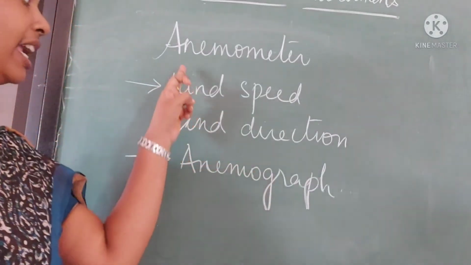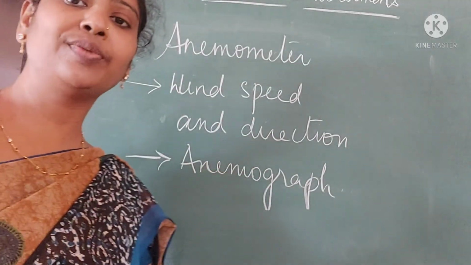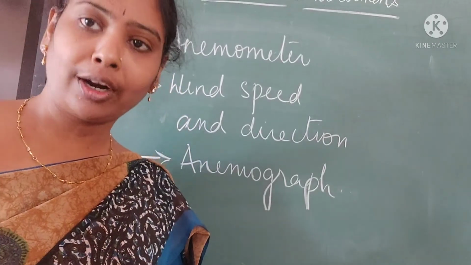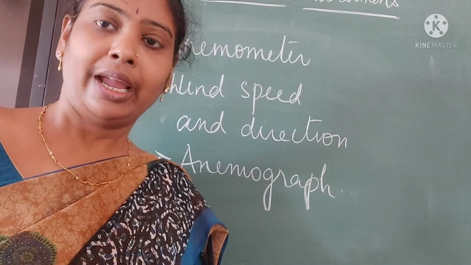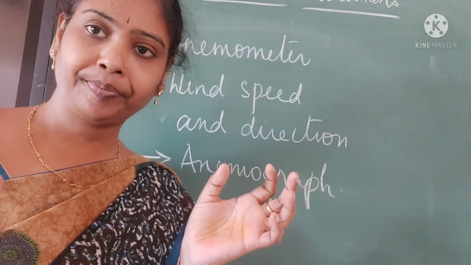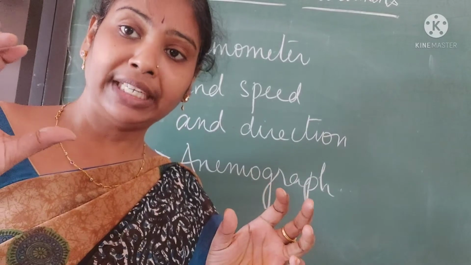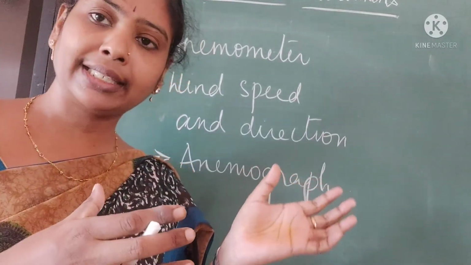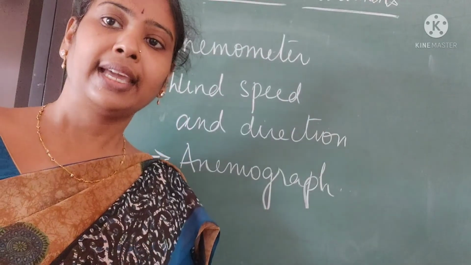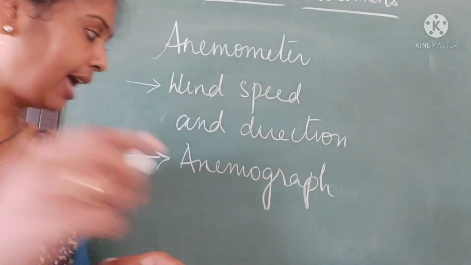And next comes the anemometer, which shows the wind speed and direction. Generally this wind speed is shown in knots per hour. It has 4 cups which show the wind direction, and those cups also show the wind speed. Nowadays, just like thermograph and barograph, the anemograph is also there to show the wind speed and direction.